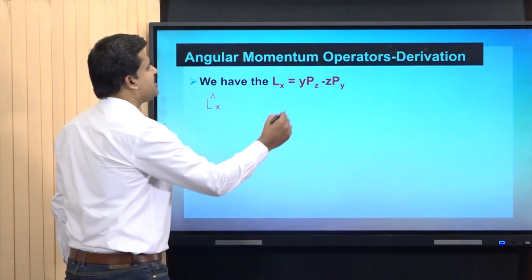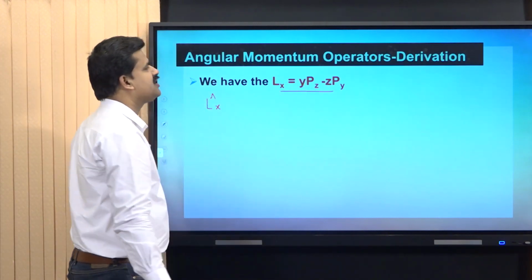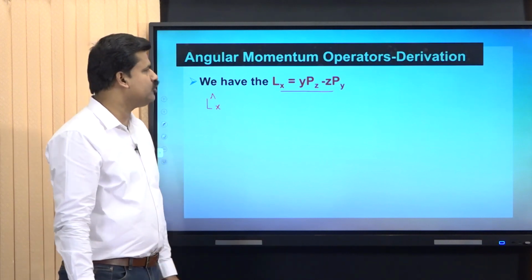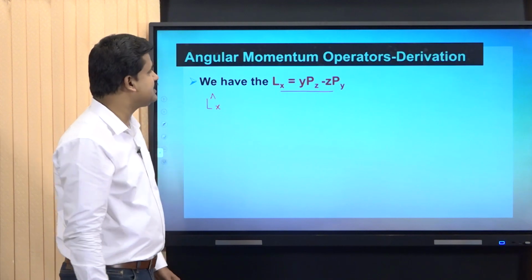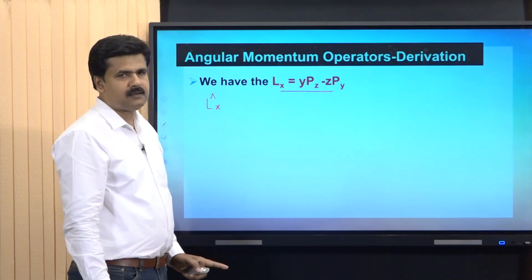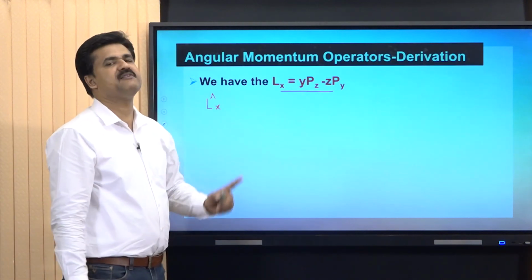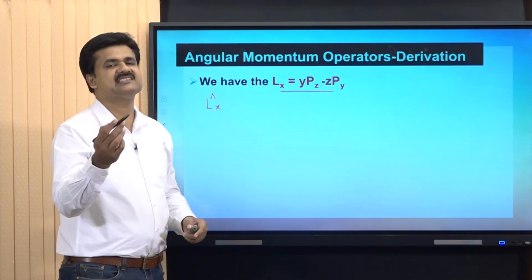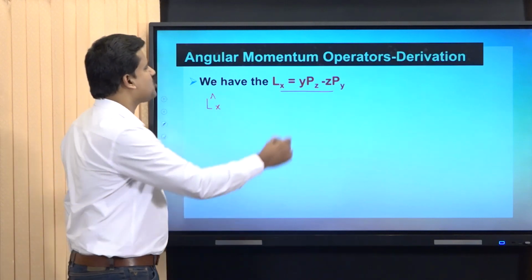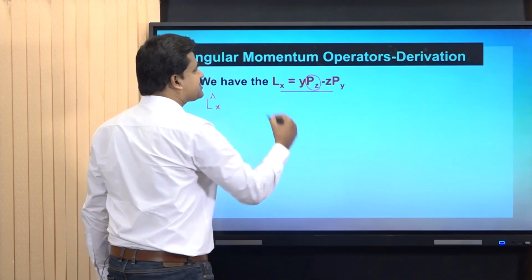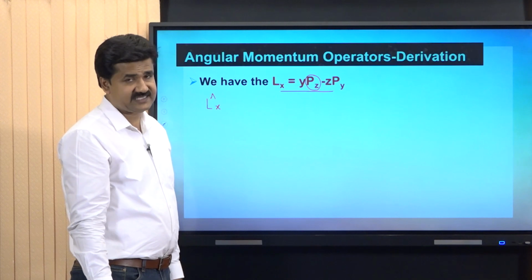For this, we have the classical expression Lx is equal to y into pz minus z into py. As per the operator postulate, to get the operator, we have to replace px, py and pz by minus i h cross dou by dou x, dou by dou y and dou by dou z respectively. So, this term pz should be replaced with minus i h cross dou by dou z.